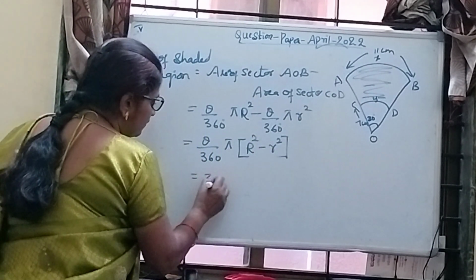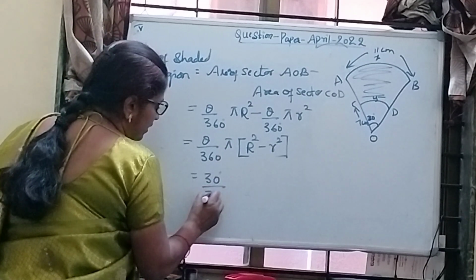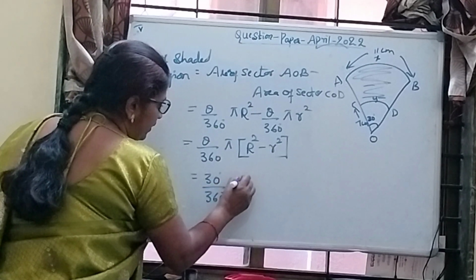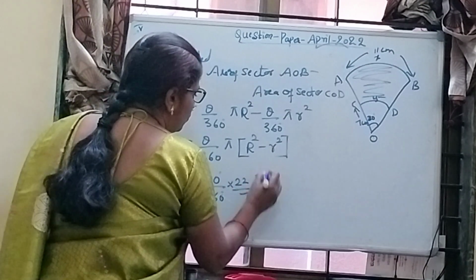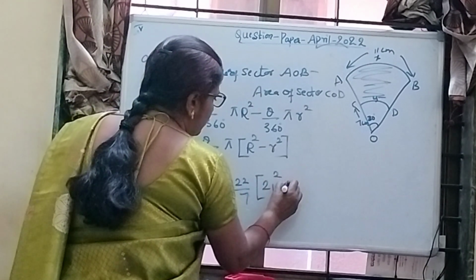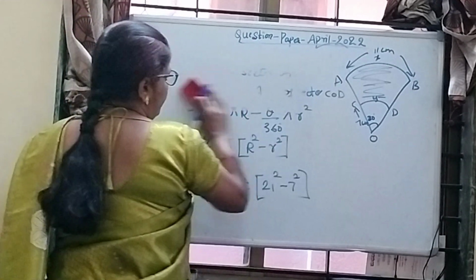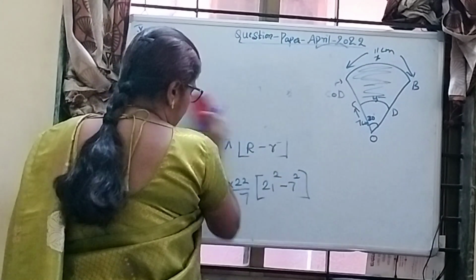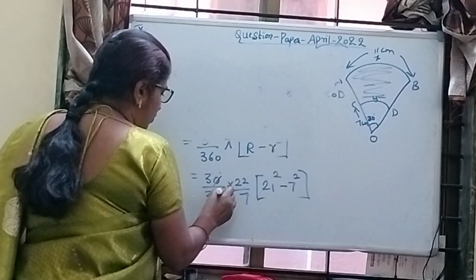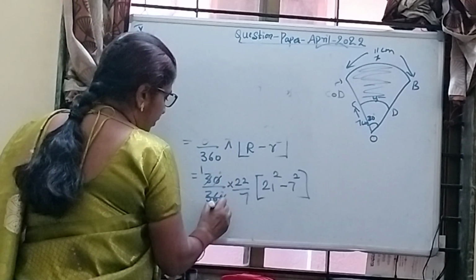The theta value is 30 degrees divided by 360 degrees into 22 by 7, into r, which is 21 square minus 7 square. If you do the cancellations or calculations, 3 ones are 3, 12s are.